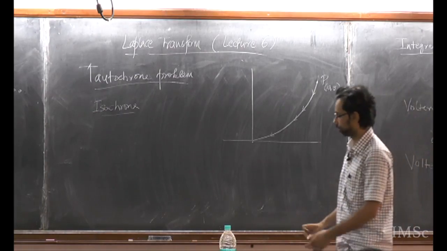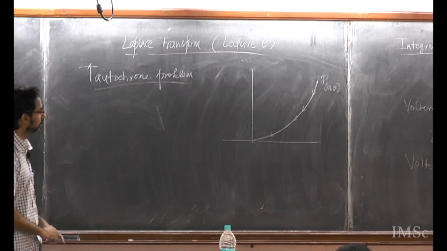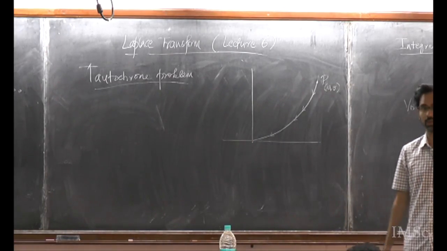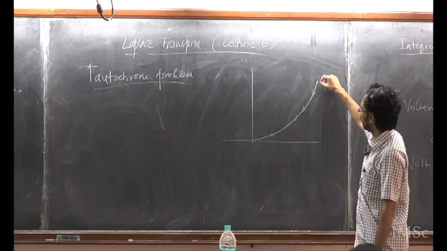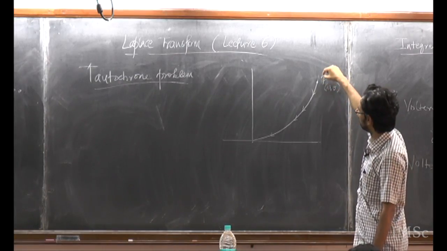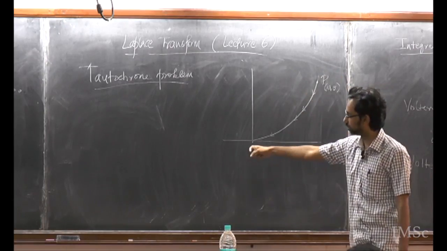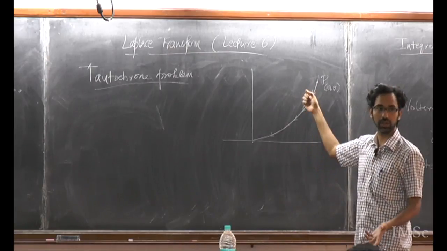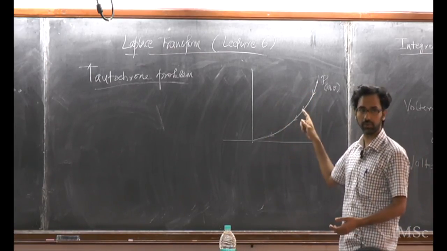So the isochrone problem asks what will be the shape of the wire, so the equation of the curve, such that the time that the bead takes to go from the initial point to the rest point, to the origin, is independent of the starting point. That's why it's called equal time problem.